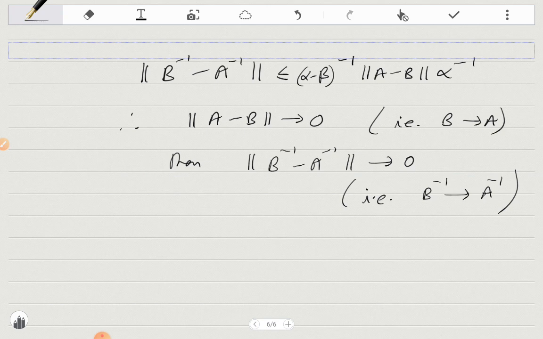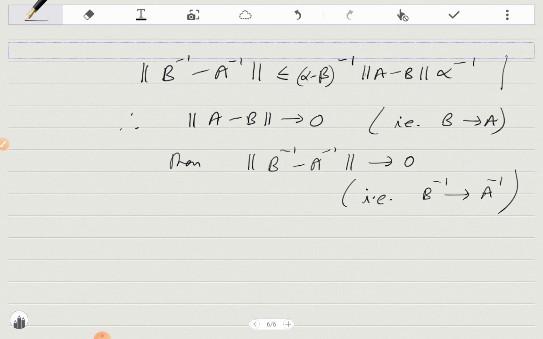Right. Well, in this expression here, alpha just depends on A, but beta depends not just on A. Remember, beta was norm of A minus B. So it depends on B as well. But as B goes to A, this beta goes to 0.